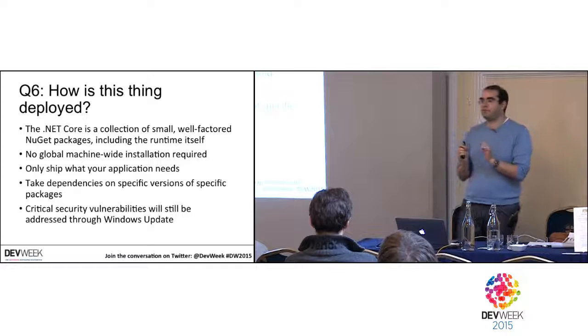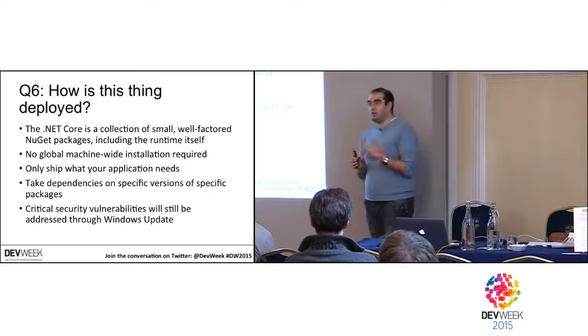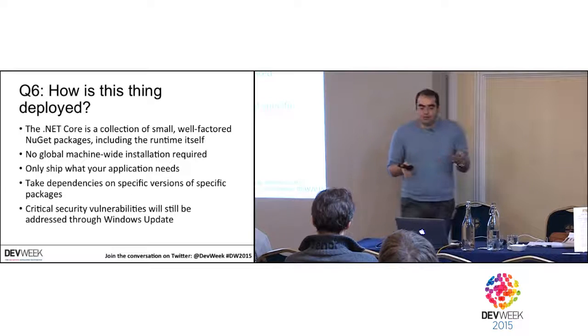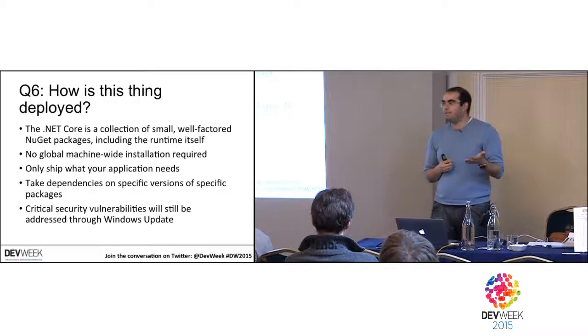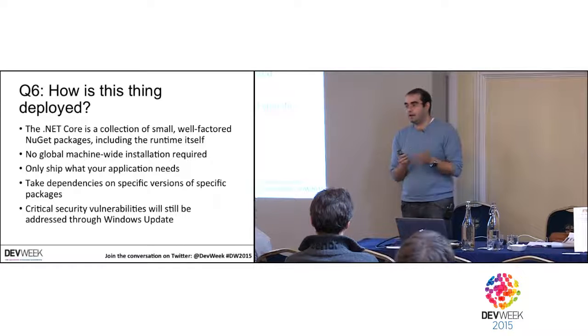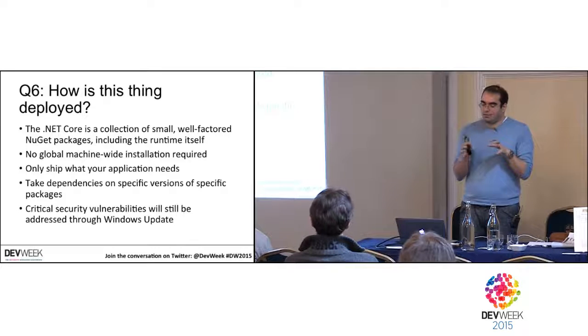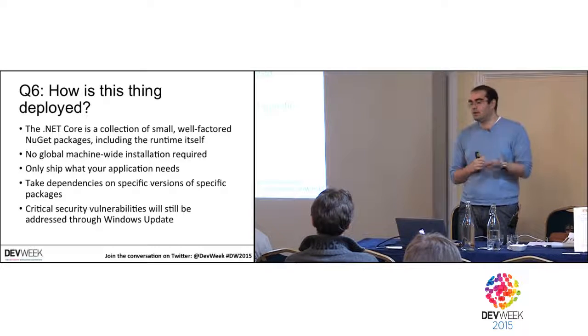Really well-factored pieces of functionality, and you can pick only what you need. And they can be versioned independently. So if there's no reason to update System.Xml, Microsoft can only update, say, TPL without affecting any existing XML code.